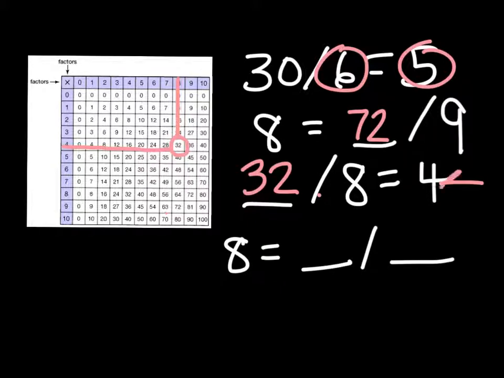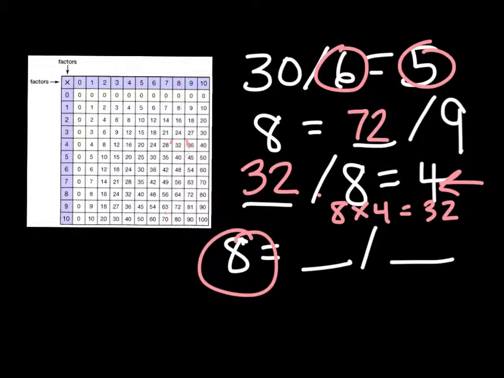Since I could work in the opposite direction, I also could do the opposite operation, which is multiplication. I could think of this as 8 times 4 equals 32. Remember, multiplication and division are in relationship with each other. They are just the opposite. Sometimes we're only given the quotient, or the answer when you divide.